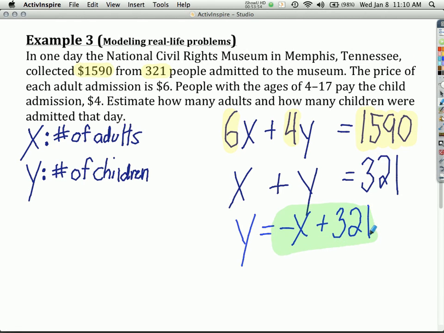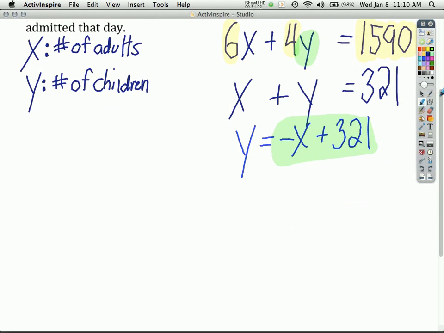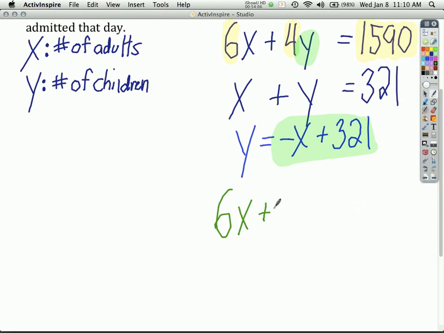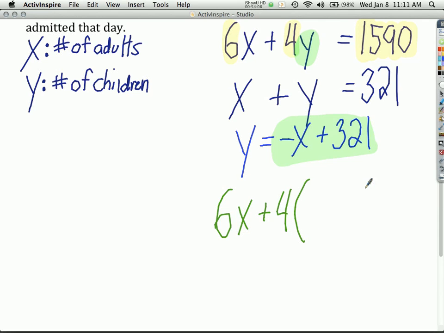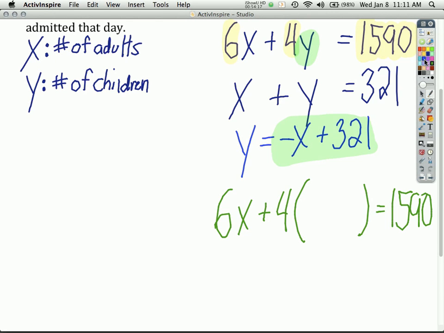And so in the other equation, we can take out this y and replace it with this. And so here's what we end up with. 6x plus 4, and we're taking out the y, and we're going to replace it with this.